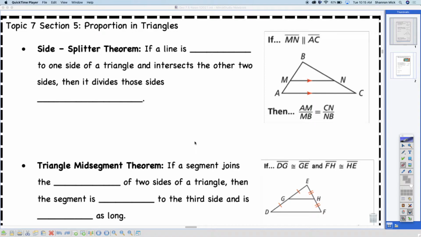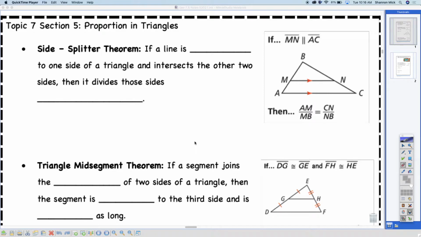So if the bases are parallel, then AM over MB is equal to CN over NB. And I could rearrange those, I could reciprocate them, right? So what that means is it's the side splitter theorem.